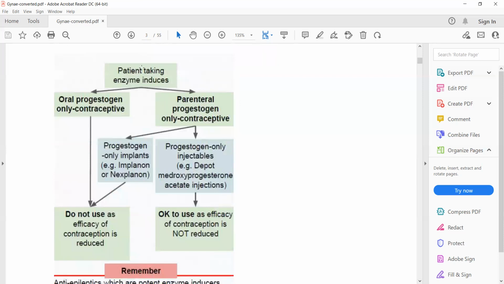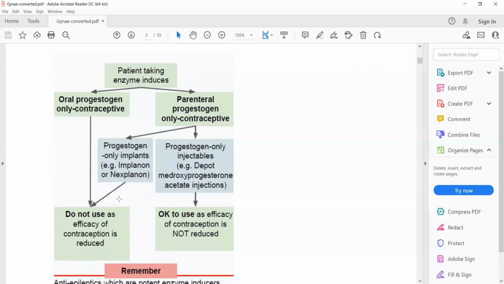In short, if the patient is taking enzyme inducers, neither COCP nor POP can be used because their efficacy is reduced. Also, implants such as Nexplanon have reduced efficacy.